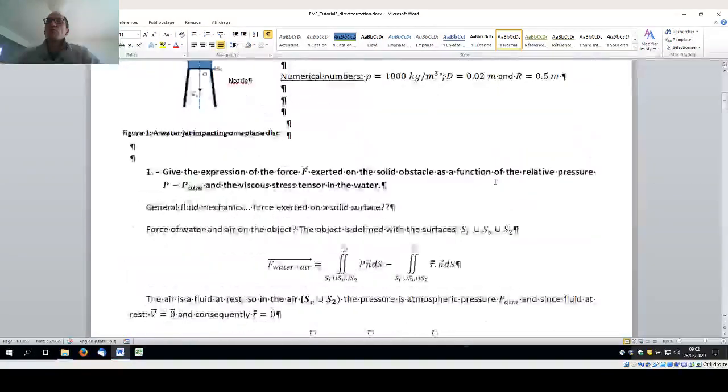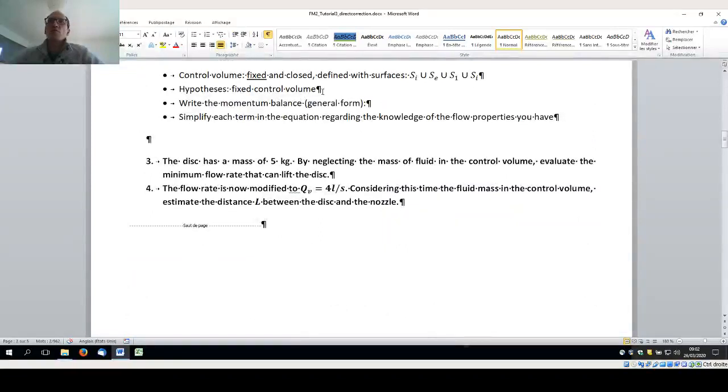Those are basically the hypotheses we'll use: fixed control volume, isovolume flow, and permanent flow.